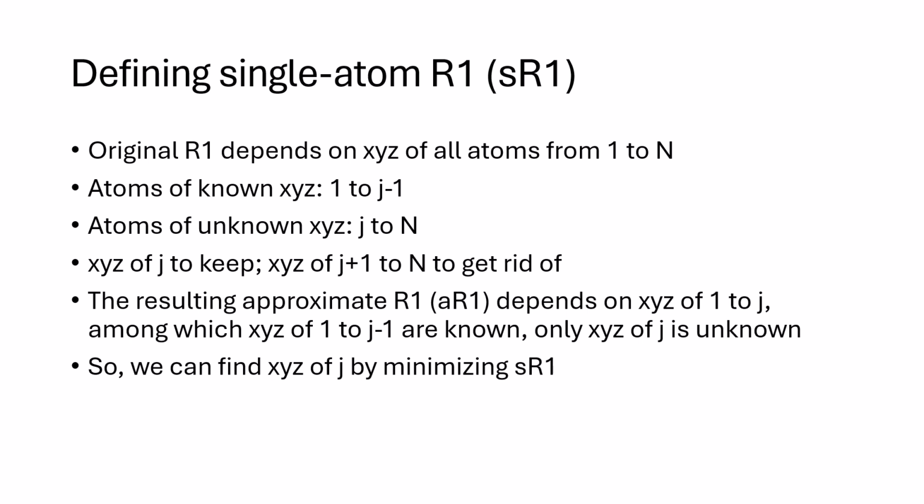The resulting approximate R1 only depends on the unknown coordinates of atom j, because the coordinates of atoms from 1 to j minus 1 are known parameters. So atom j can be located by minimizing the R1.